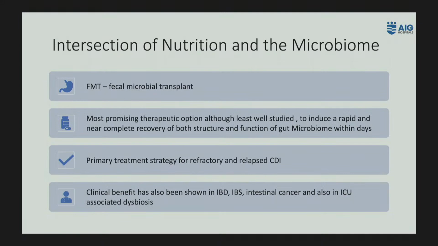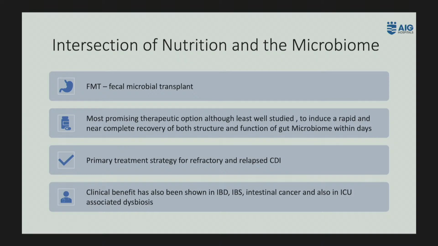Last but not the least, when it comes to microbiome supplementation, is the fecal microbial transplant, which we proudly say is being done at AIG. It is the primary treatment strategy for refractory and relapsing infection. This is the most promising therapeutic option available so far, but again, it's the least well studied compared to pro, pre, and symbiotic supplementation.